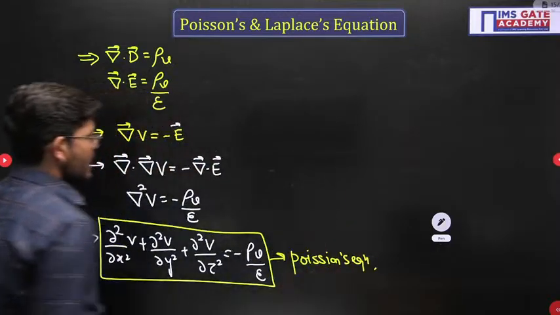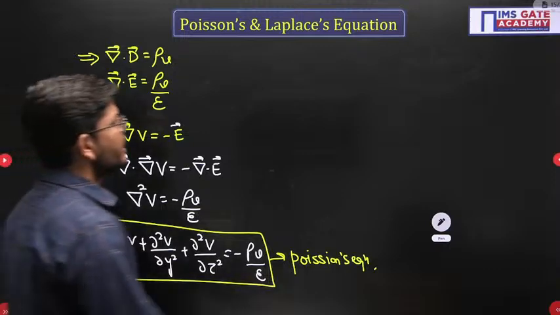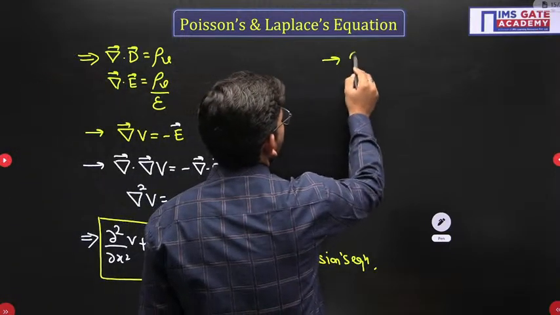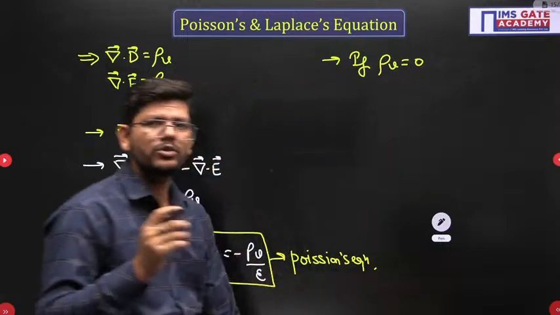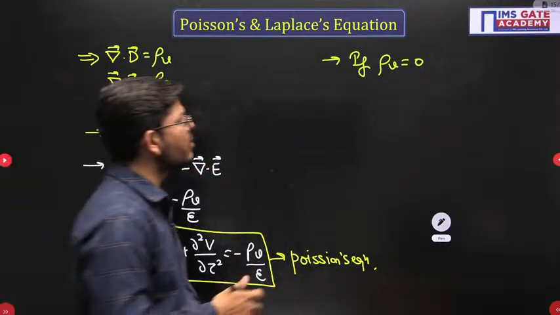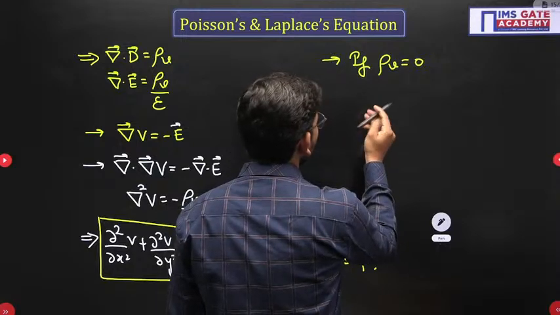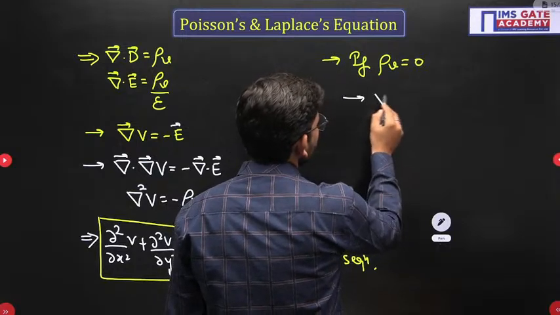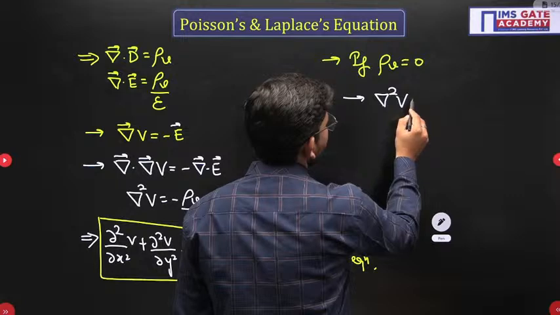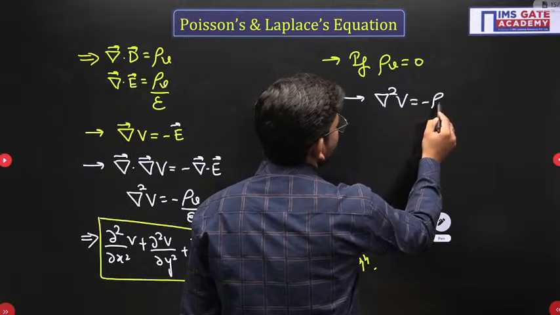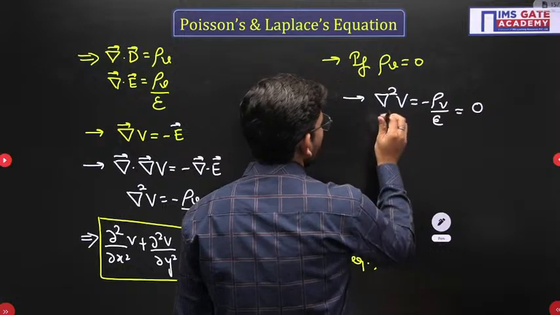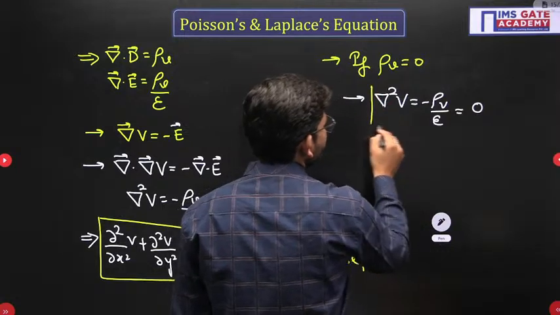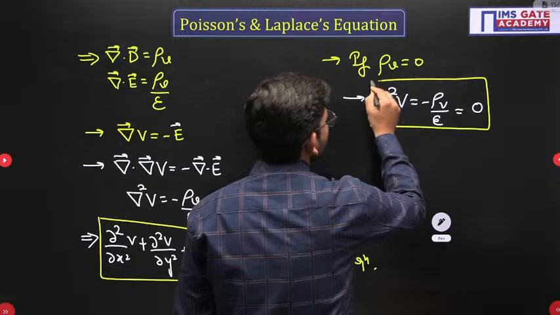Okay. Now in this Poisson equation, it might happen that rho v is 0, there is no charge, meaning charge density is 0. In that case, what will happen to this equation? Del square v, which is equal to minus rho v over epsilon, will become 0. Okay. And when you are writing an equation like this, it is known as the Laplace equation.